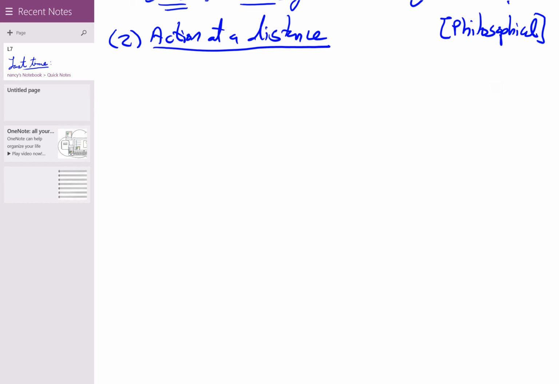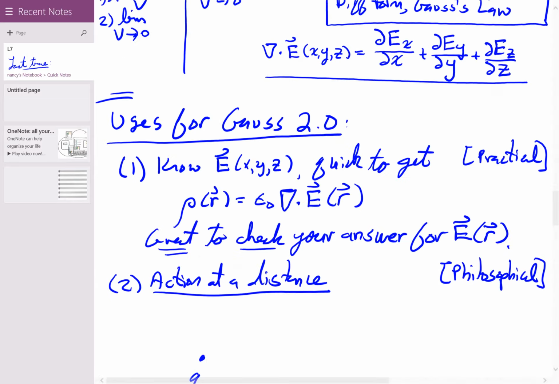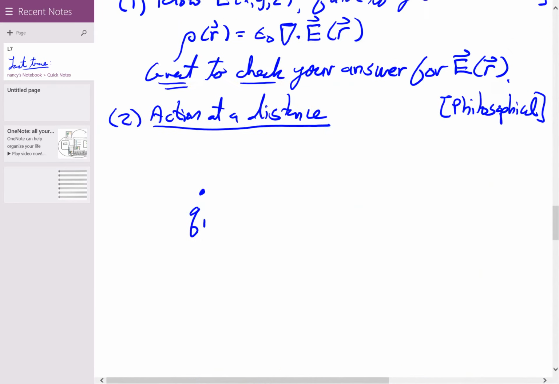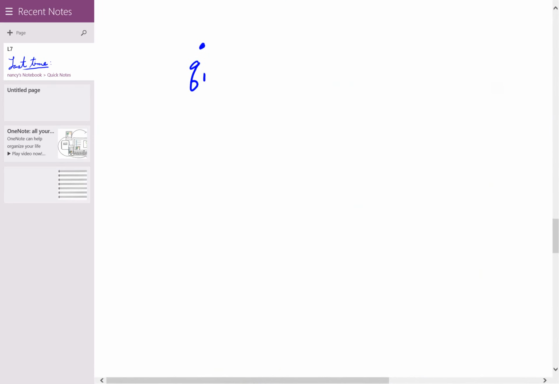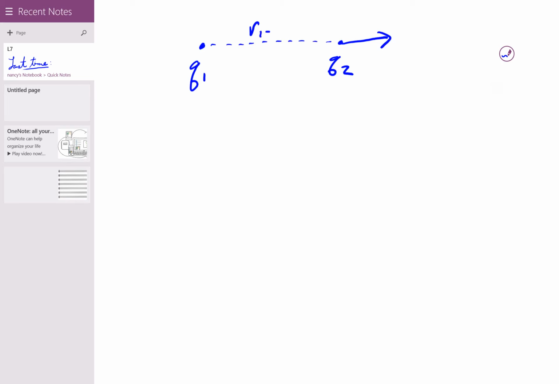Remember what the original problem was? The original problem was if you have some charge Q1 sitting at some location and another charge Q2 sitting at some far away location from it, we know from Coulomb's law that Q1 is going to exert a force. If these were both positive charges, say, it would exert a force on Q2 across some distance of space R12.